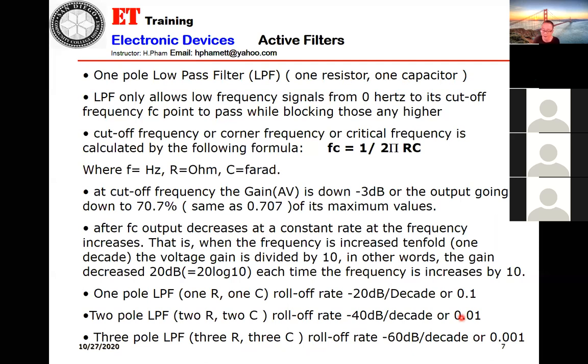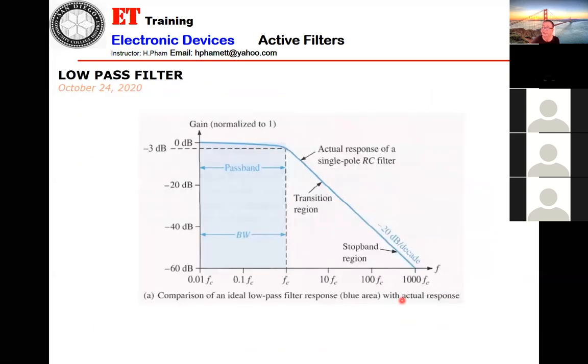So we have 1 pole, 2 pole, 3 pole. Which one is the best here? 3 pole. The thing is, they cut it off quickly. That means after the cutoff, they don't want any more output. This picture gives you a little more to see.